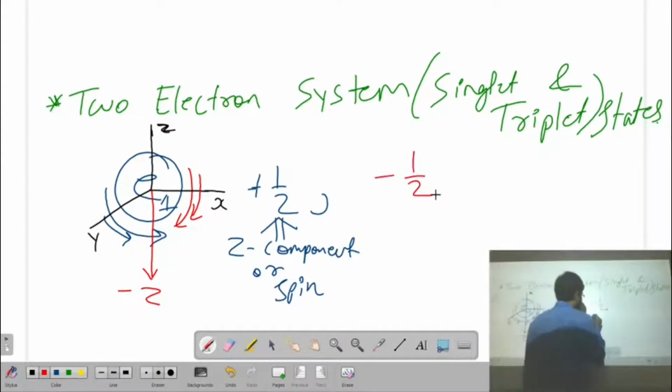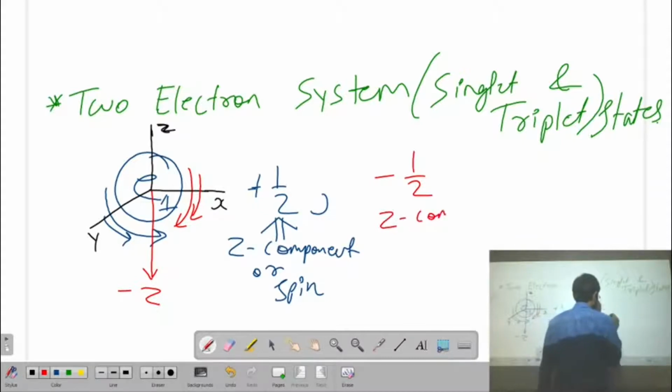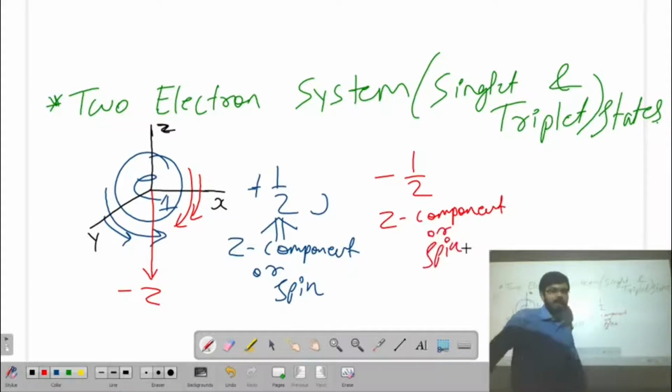This is the z component of its spin, right? We have studied that spin of an electron can be either plus 1 by 2 or minus 1 by 2, plus half or minus half, right?